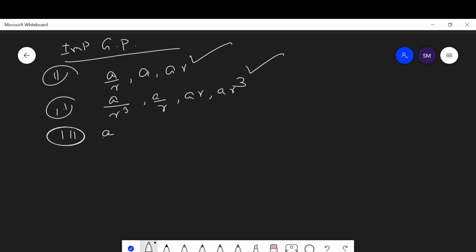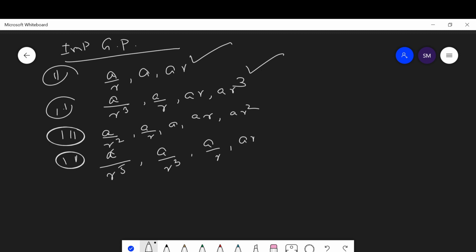If you have to assume any six terms, assume like this: A upon R to the power 5, A upon R cube, A upon R, then AR, AR cube, AR to the power 5.